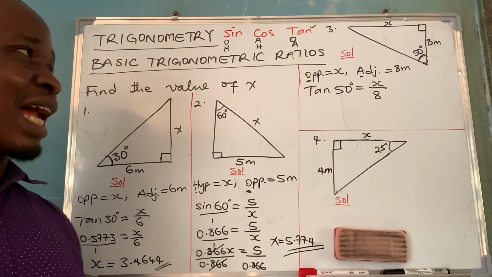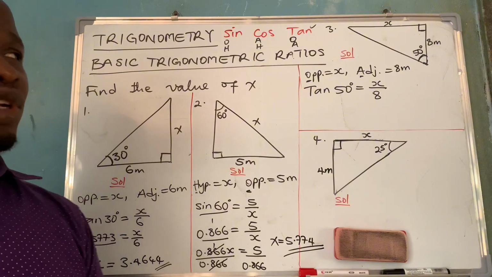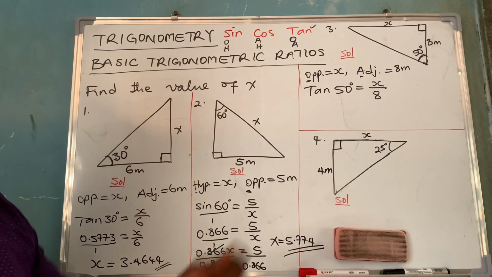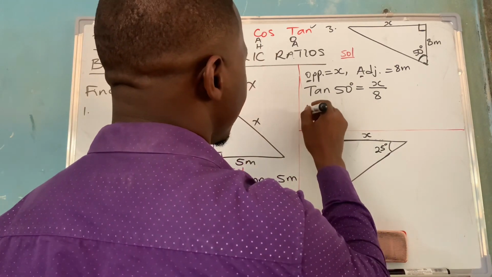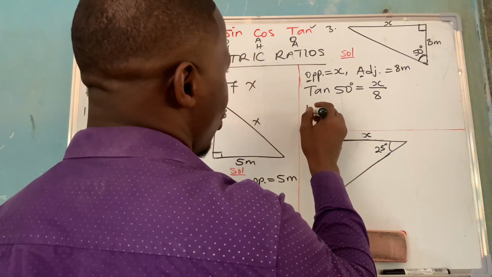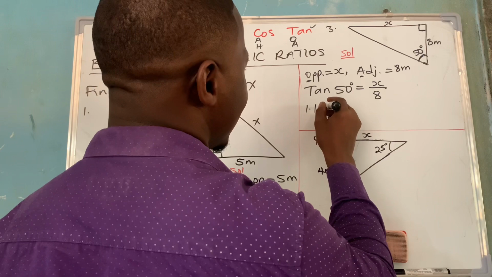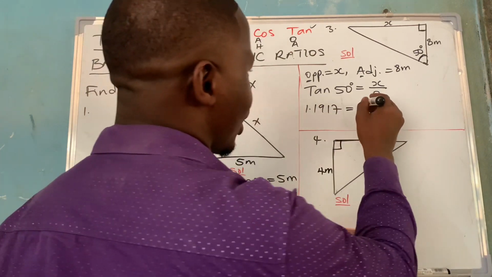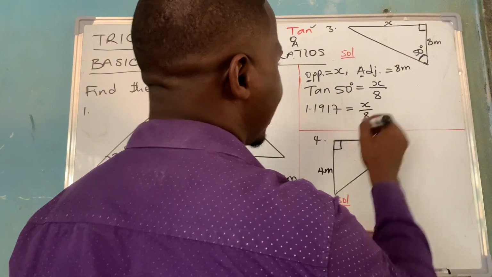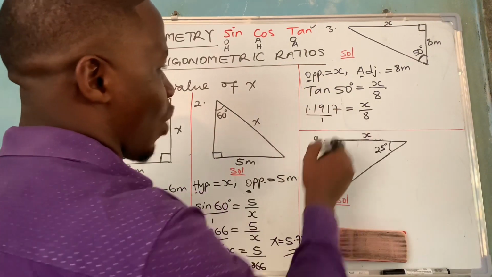Now, from the four-figure tables, the logarithmic tables, what do we get for tan 50 degrees? 1.1917. So 1.1917 is equal to x over 8. We give this 1.